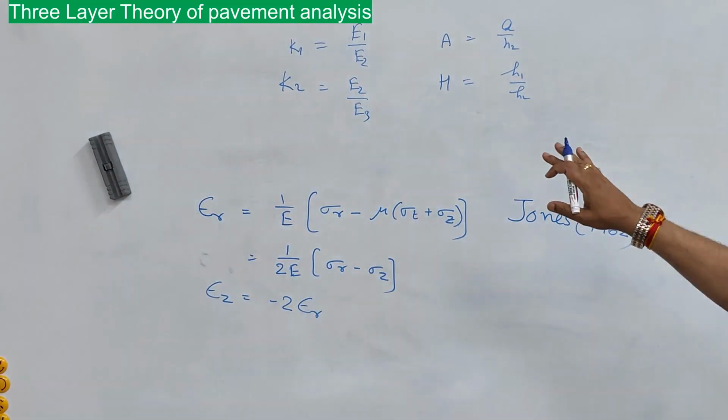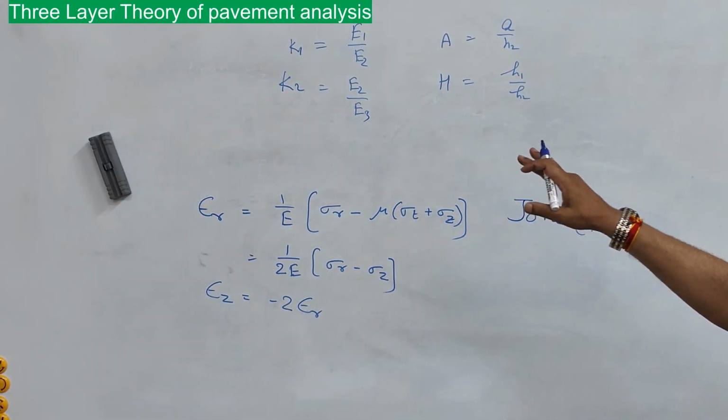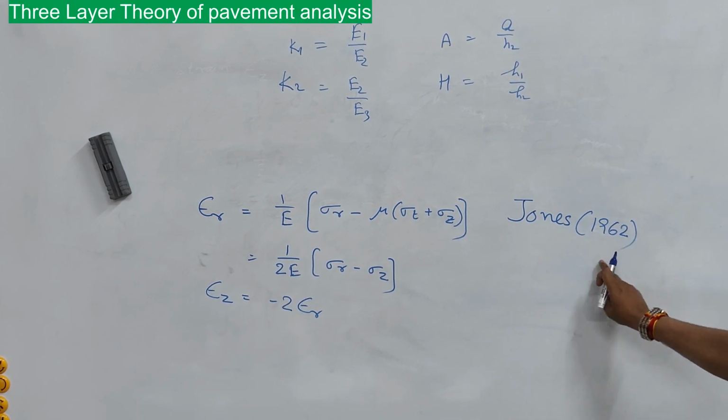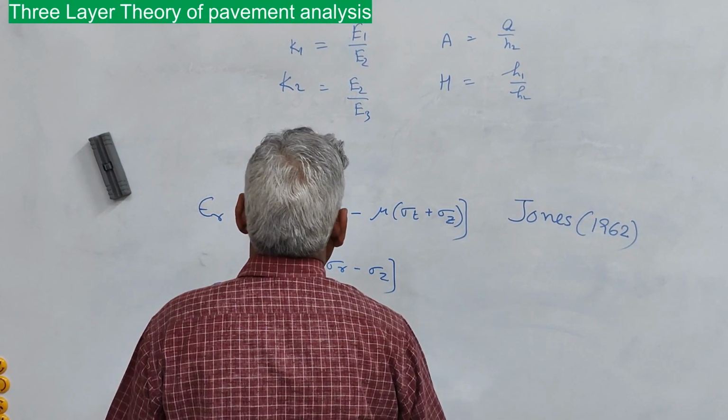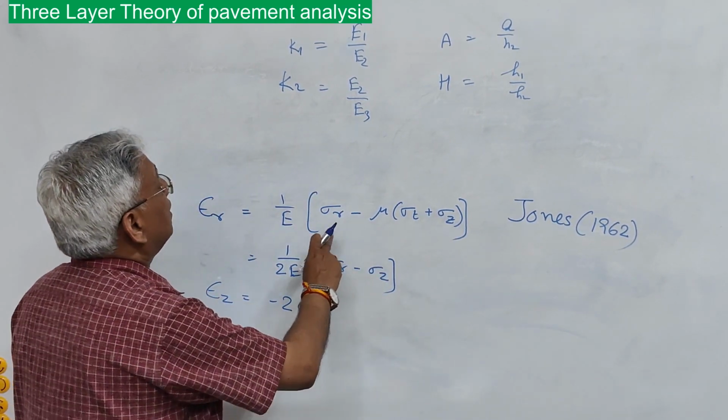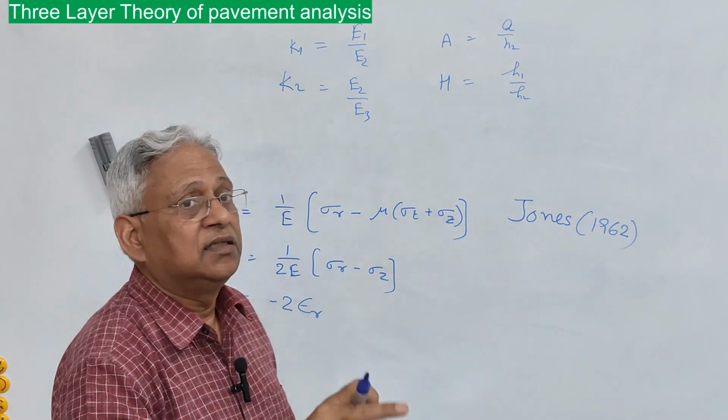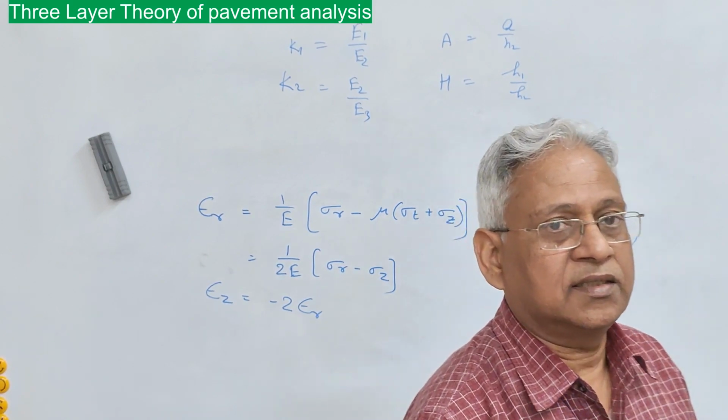And based on these 4 parameters, Jones in 1962 produced tables to find out the radial stress and vertical stress at the interface of 2 layers.